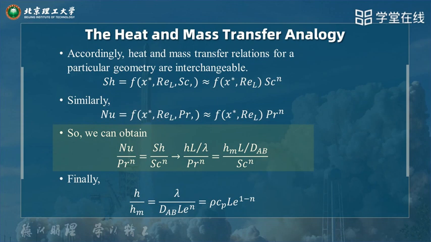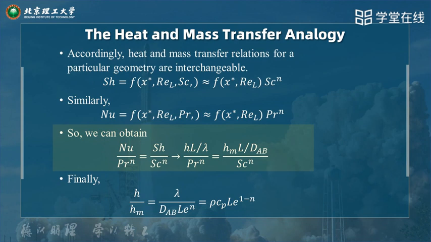So we can make some changes and obtain the Nusselt number over Prandtl number power n equals the Sherwood number over Schmidt number power n, similar to hL over lambda divided by Prandtl number power n, also equals hmL over DAB divided by Schmidt number power n.